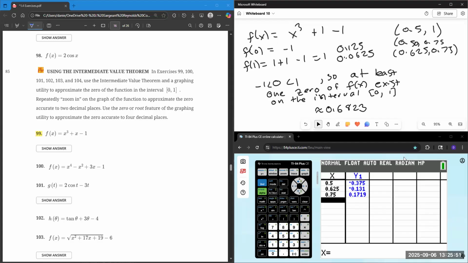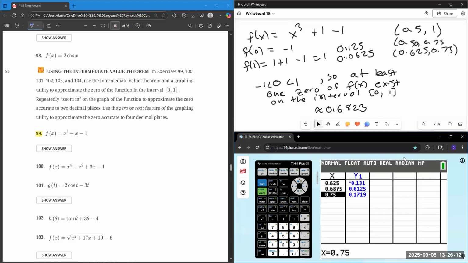So let's say this is from 0.625 to 0.625 plus 0.0625.